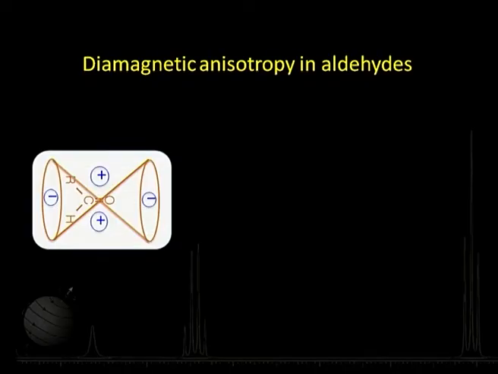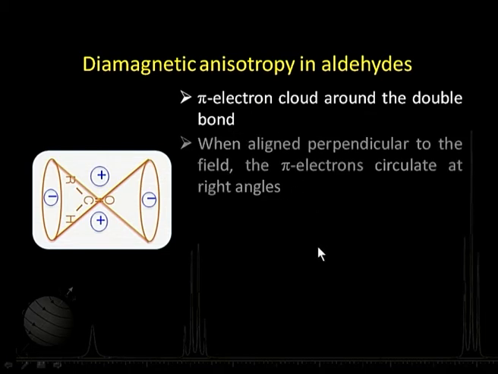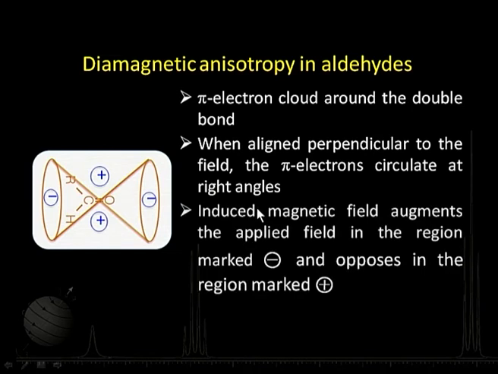Let us take up another class of molecules, that is aldehydes. In the case of aldehydes, the pi electron cloud around the double bond, when aligned perpendicular to the field, gets into circulation at right angles and generates 2 sets of regions.